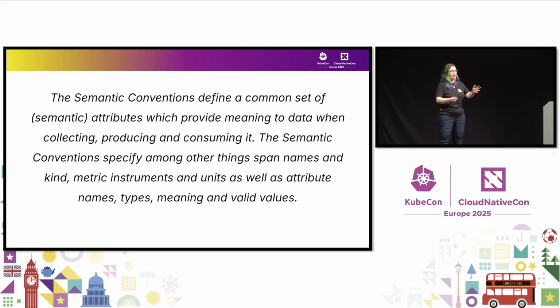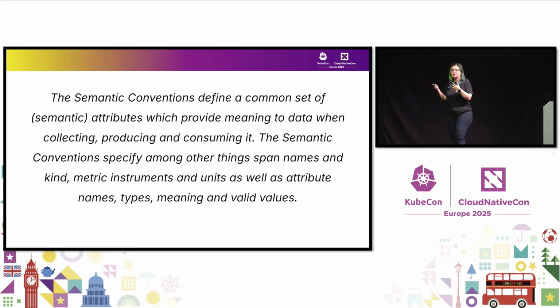Then someone on the Java SDK says, I want to create something too, and they call it query time. Now you have two different names meaning the same thing. When somebody wants to use those SDKs, they have to learn two different names for things that are supposed to be the same. And when you send this to your observability vendor, you have two different names that you cannot easily combine. You can still combine them, but it's not so straightforward. So now when we define them, it's a little easier because everybody is on the same page.